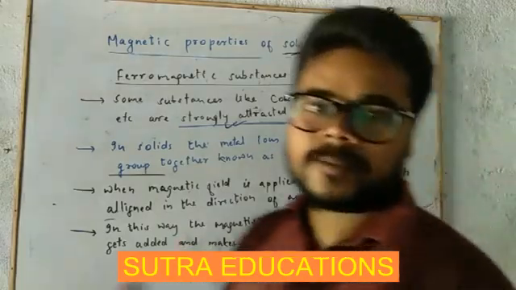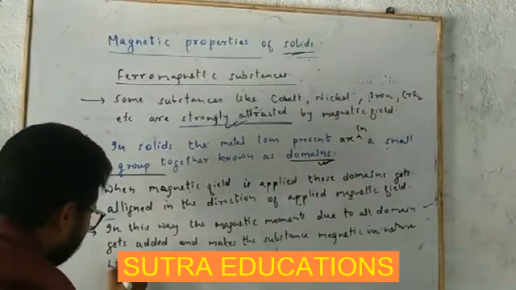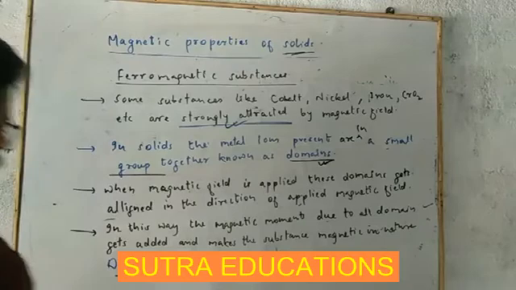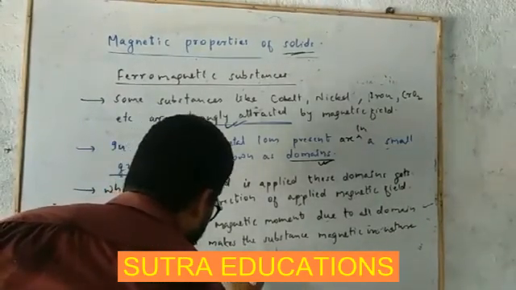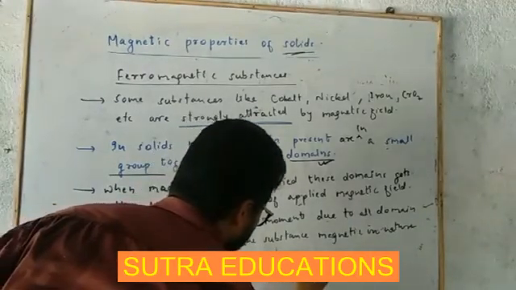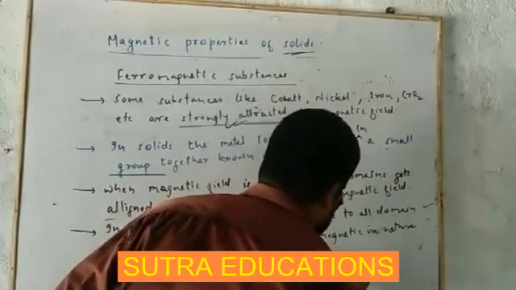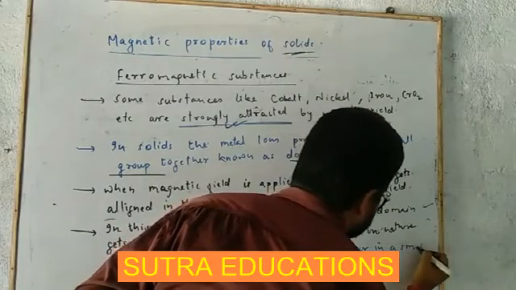If you are getting confused, then I am just defining domain here. Domain is the metal ions grouped together in a small region.